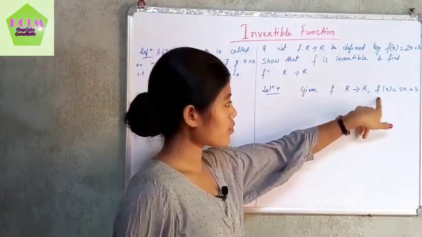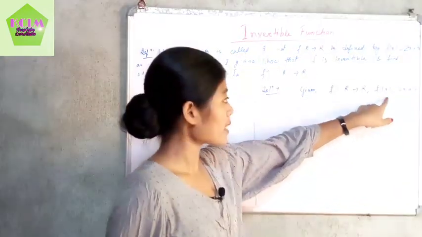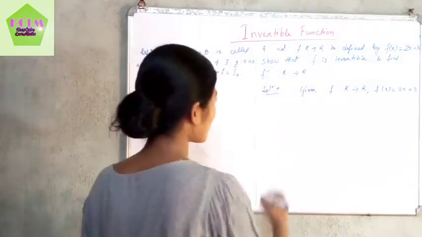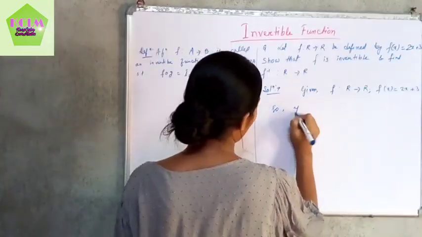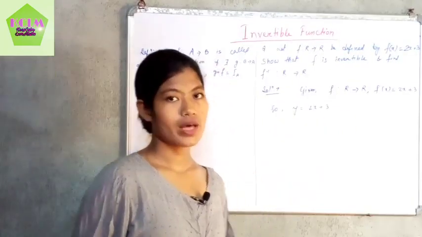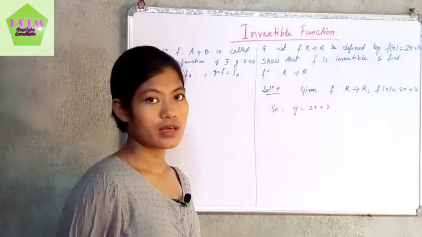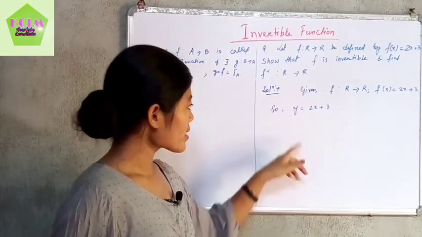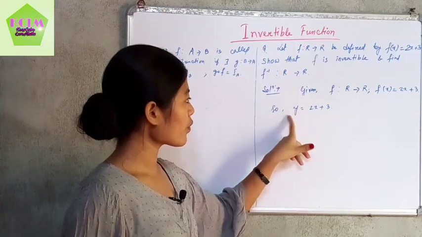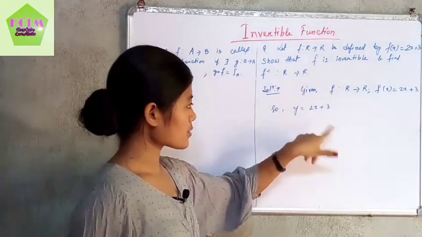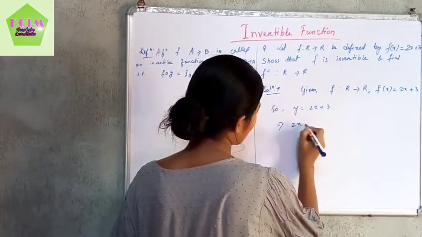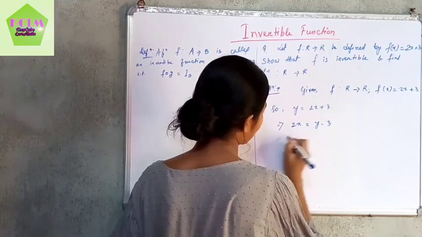I can write that f of x is equal to y. So y equals x plus 3, right? Since we have to find the other function g according to this definition, I express x in terms of y, because this is the expression where y equals x plus 3, but I want to express x in terms of y. Now x equals y minus 3.